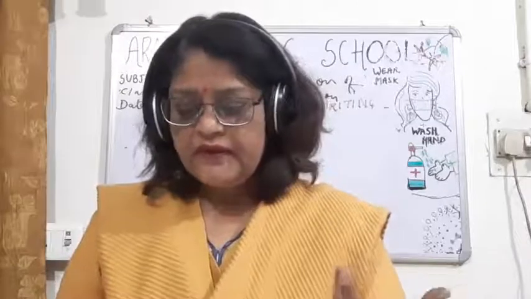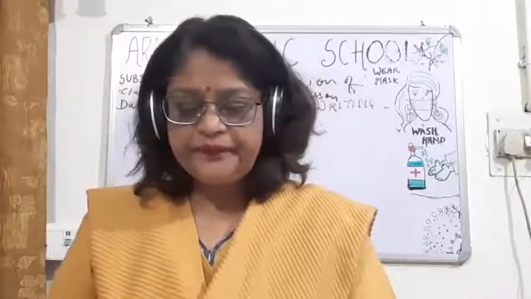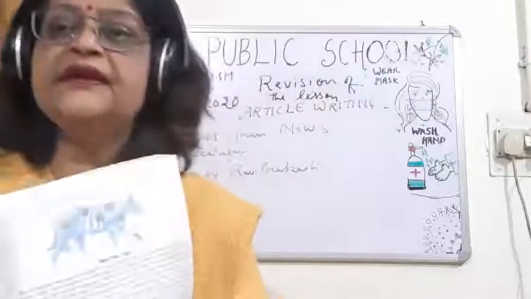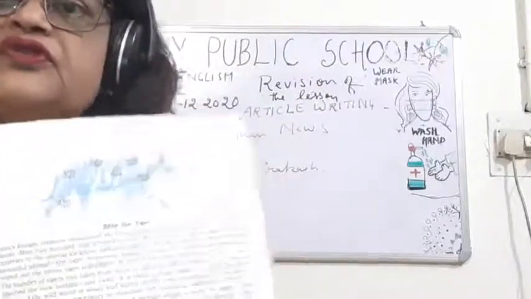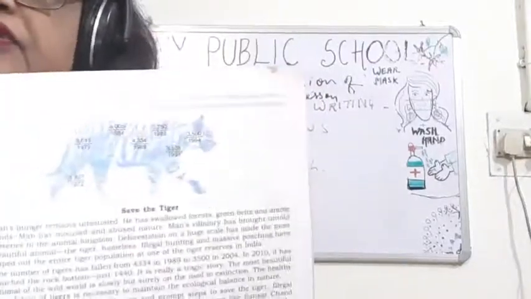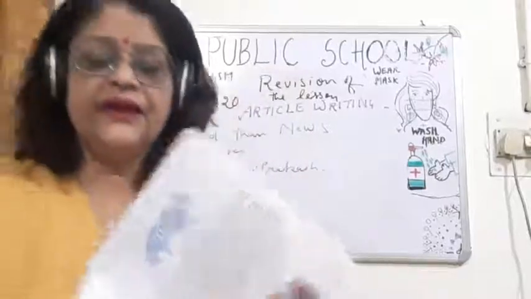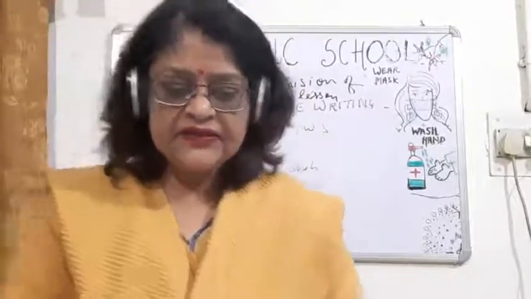Then, by seeing a picture also, we can take a topic. Like you can see the tiger is there, and you can see the heading also. Children, I'm showing the heading also. The heading here is Save the Tiger.